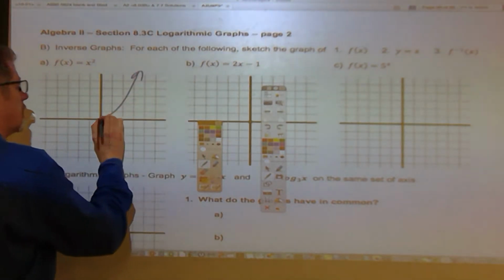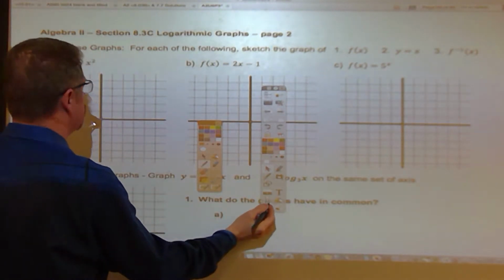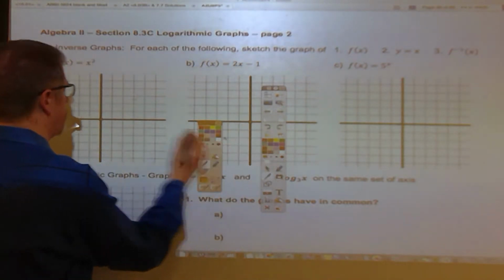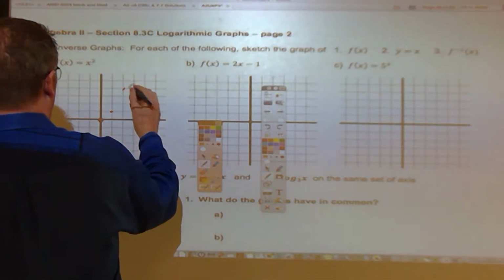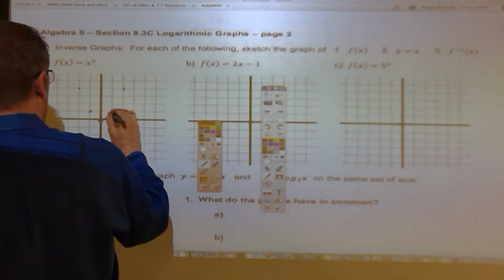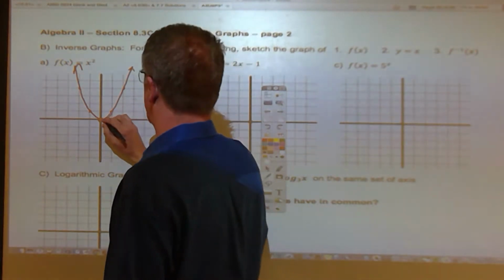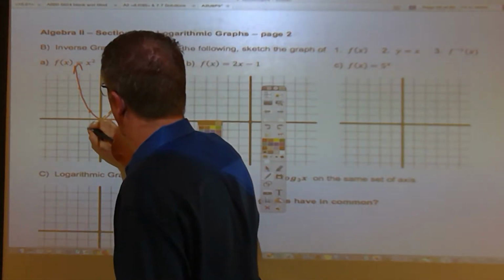So, x squared. I'm going to make it a little neater. Here's x, goes to the point 2 comma 4. So let me make this a little more accurate. Make sure your line y equals x really does have a slope of 1.